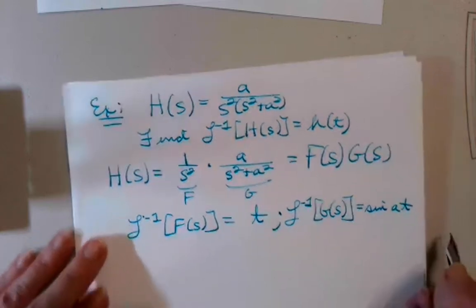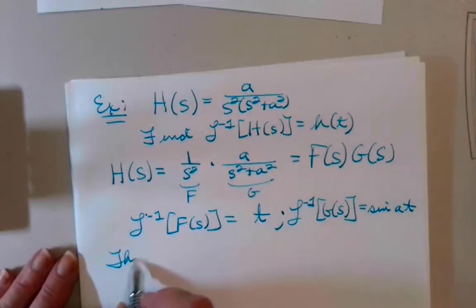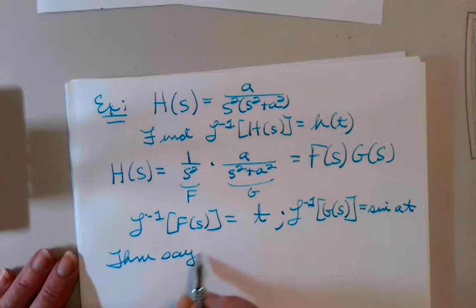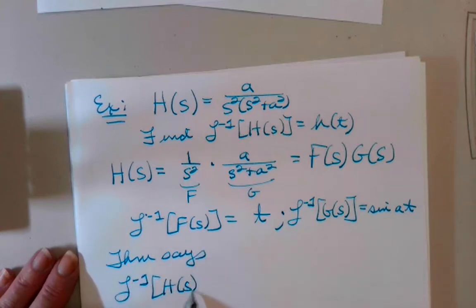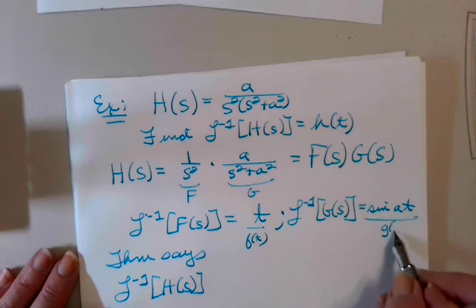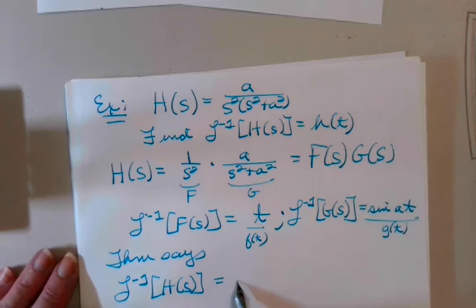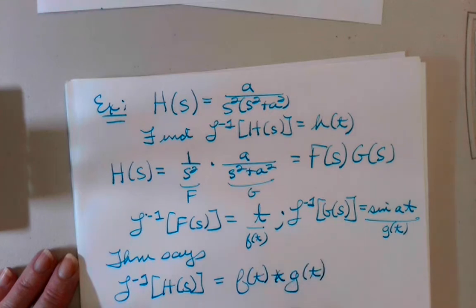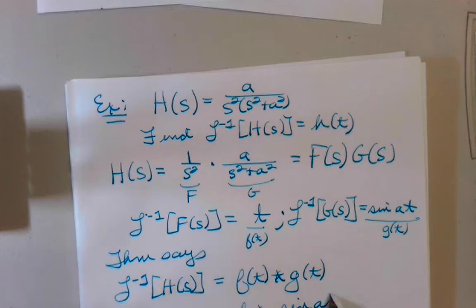So by the theorem, the inverse Laplace transform of capital H is, here's my little f, this is my little g, the convolution of f convolved with g. In other words, that's the convolution of t with sine at.